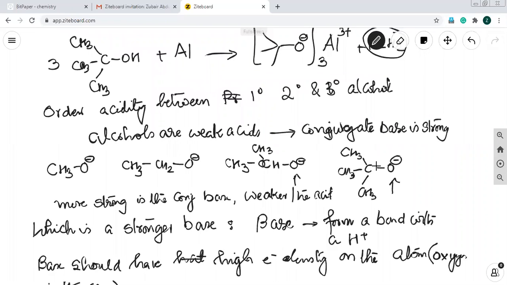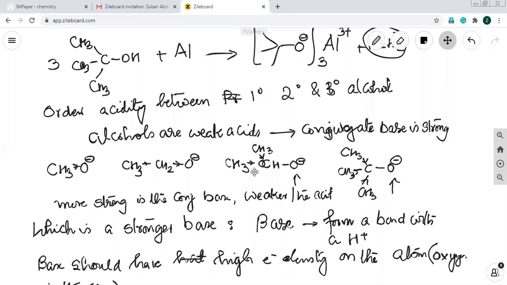Which are the factors which control this? You have methyl groups which are electron donating. Here also electron donating. Which has the maximum electron donating effect? Tertiary butyl has the maximum electron donating effect.